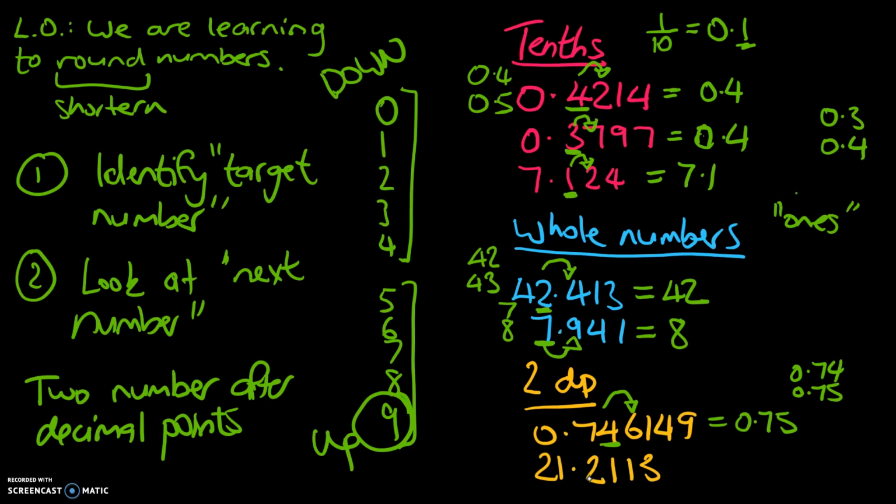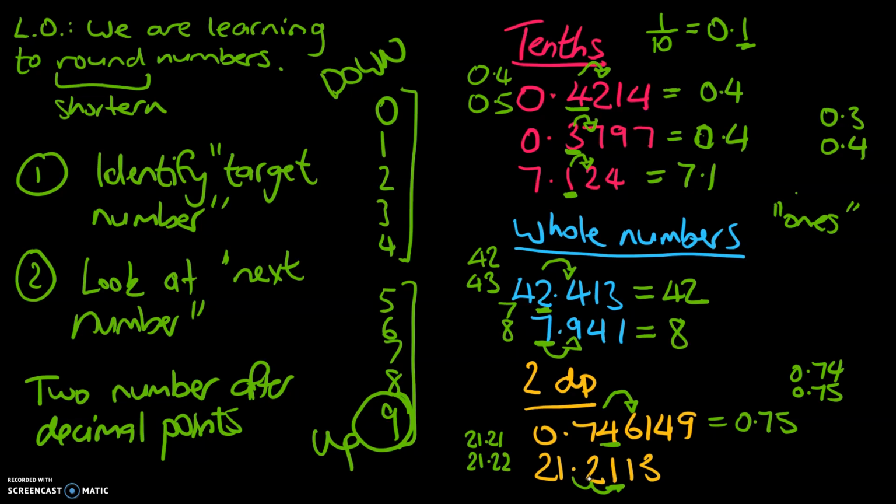And the final number we're going to round today is 21.2113. We're going to look at our decimal point, and we're going to find the second number after that, 1, 2. So that second digit is what we're rounding to. And that means, are we going to keep it at 21.21, or are we going to round to 21.22?